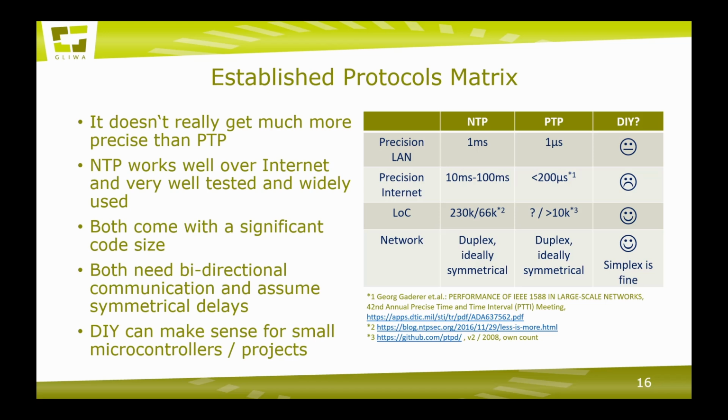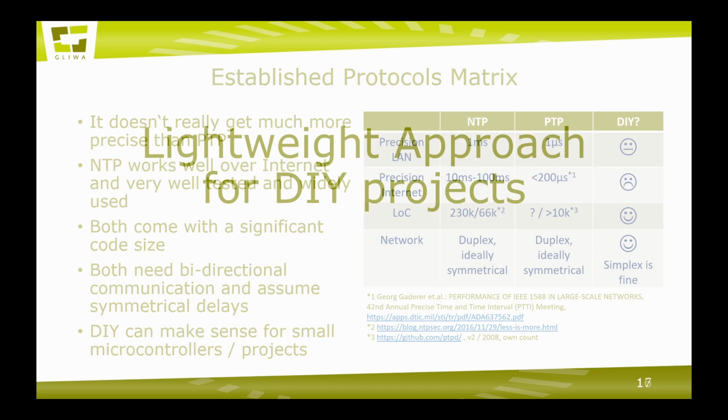So a DIY solution can make sense for small microcontrollers and projects if you don't have PTP-enabled Ethernet controllers in your project and the NTP codebase is just too large, or you have a network that just features a semi-directional or simplex transmission.